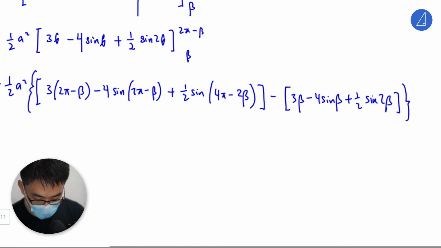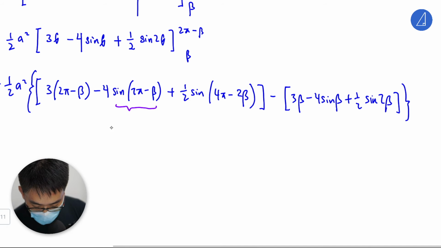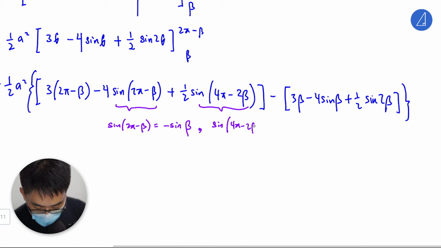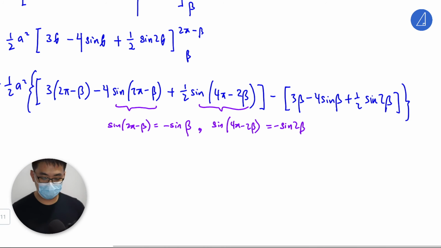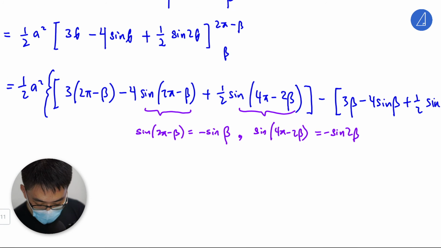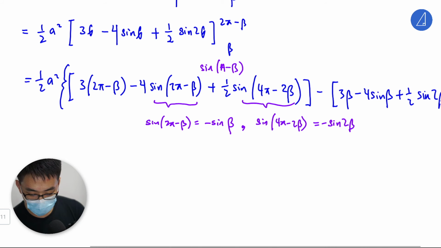So by what we learned in secondary school, we know that, okay, there you go. You can use the same thing. You can use the formula, if you want to.